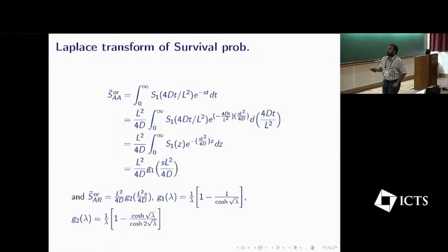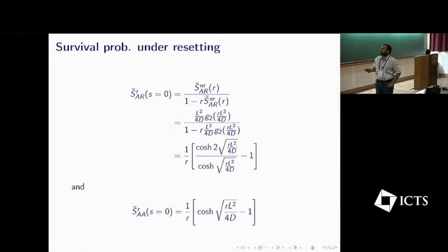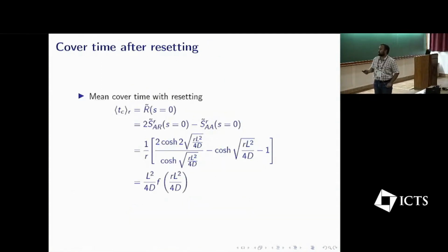So now, using that protocol for how resetting changes the survival probability, we can find the Laplace transformation of the survival probabilities for the resetting condition, and we can exactly compute this mean cover time as a function of the universal rescaled reset rate, r L squared by 4D.